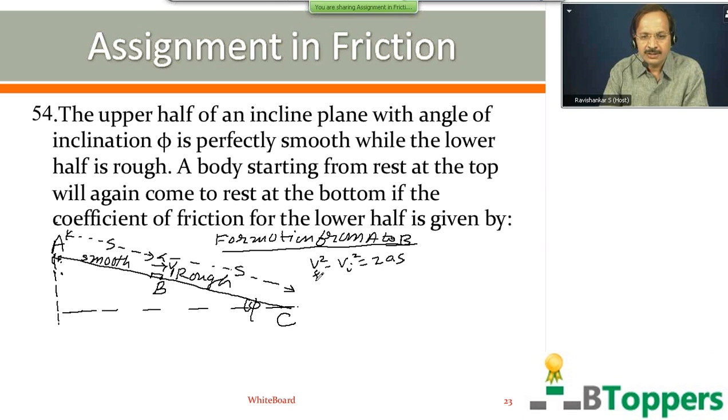The final velocity at the end of the smooth part is V1. Initial velocity at the top is 0. The acceleration when sliding down the smooth inclined plane is g sine phi. So you get V1 square equal to 2gs into sine phi.